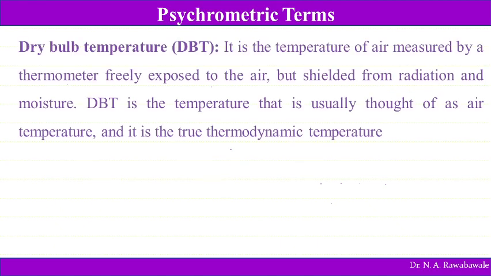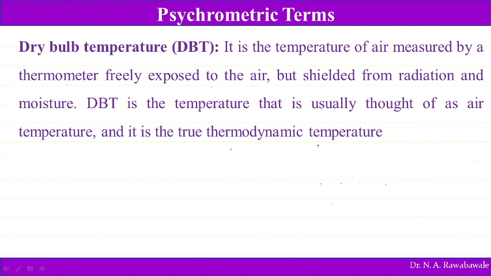The next one is dry bulb temperature. What is dry bulb temperature? Till now we have studied only the term temperature. Now we are going to see that temperatures are measured in different ways, and depending on the method of measurement, the temperatures are defined.